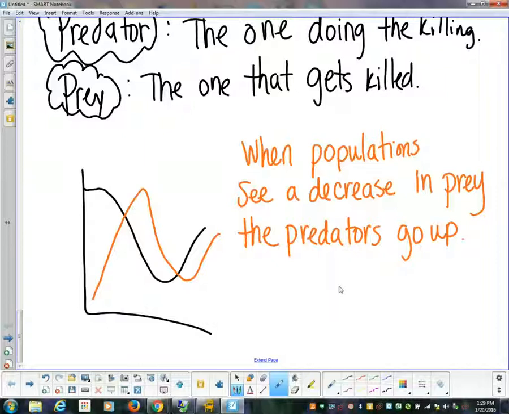And so generally, predator and prey rise and fall in related cycles.